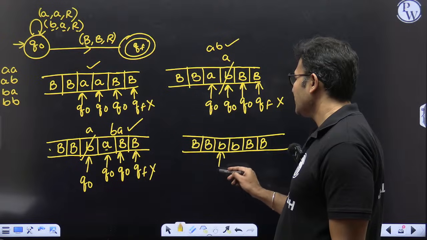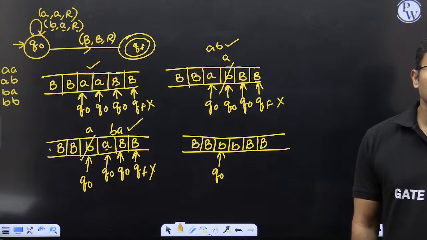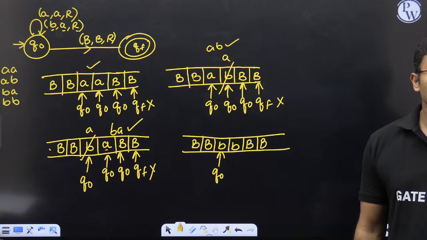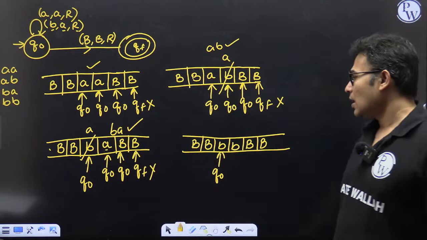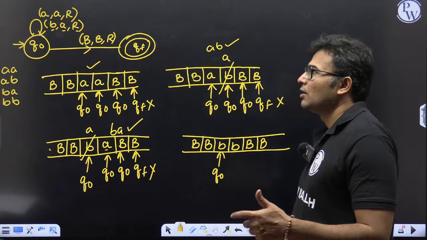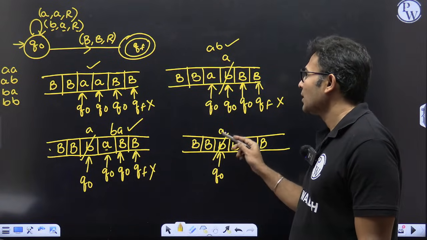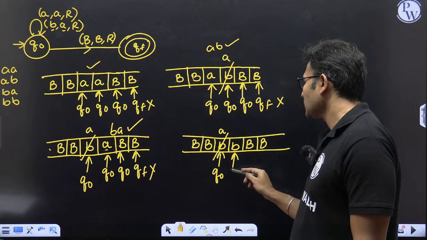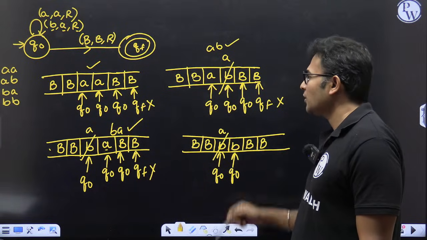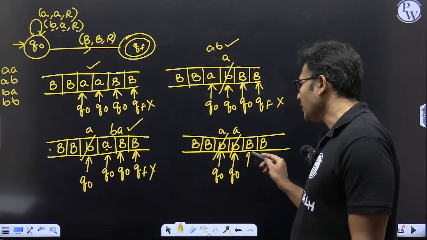Now you will be in state Q0 and see a blank. What happens? Tell me. Now on Q0, on seeing a B, you are overwriting it as A and moving right. Again Q0 on seeing B, it is overwriting as A and moving right.